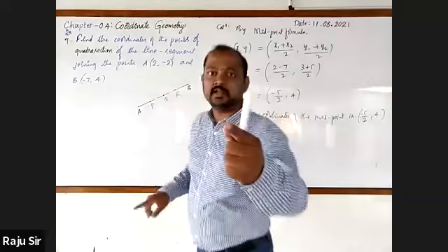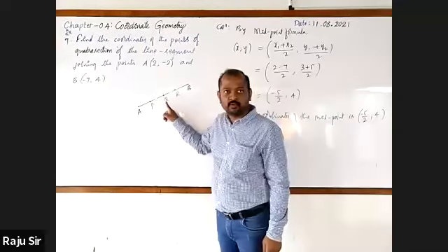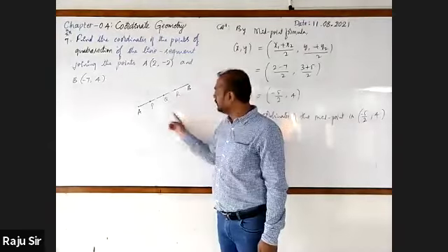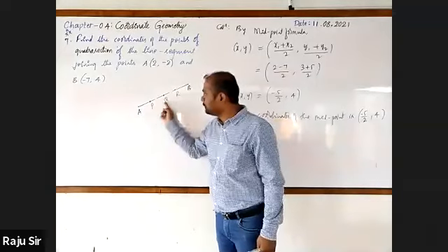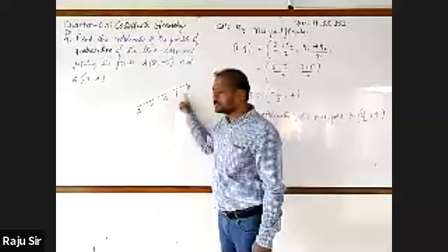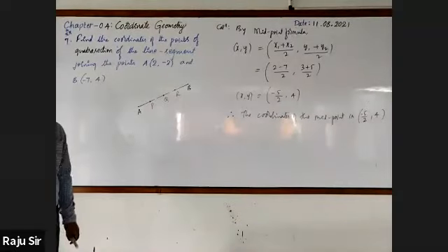First, we have to find Q. Q is the midpoint of AB, so you can use the midpoint formula. Next, P is the midpoint of AQ, and R is the midpoint of QB.